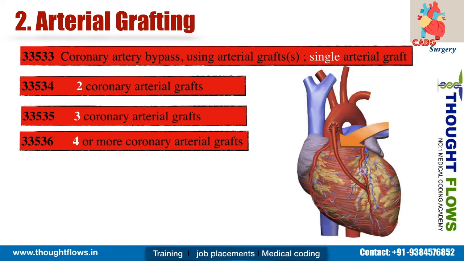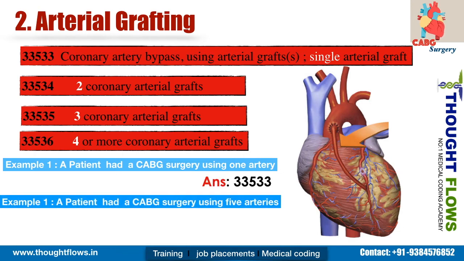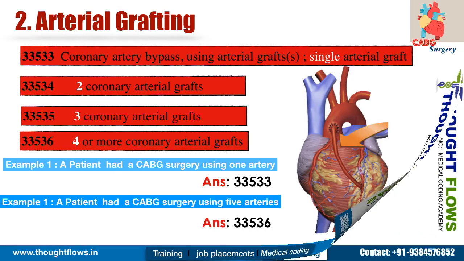Let's see with examples. If the patient is having CABG with single arterial graft, then the answer is 33533. And if the patient is having 5 arterial grafts for CABG, then the answer will be 33536.